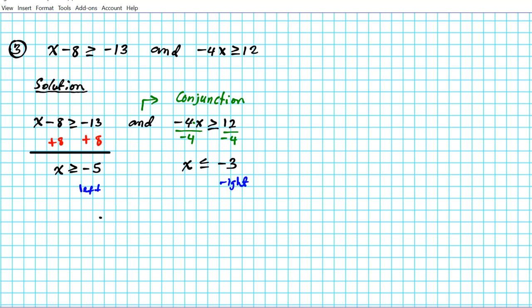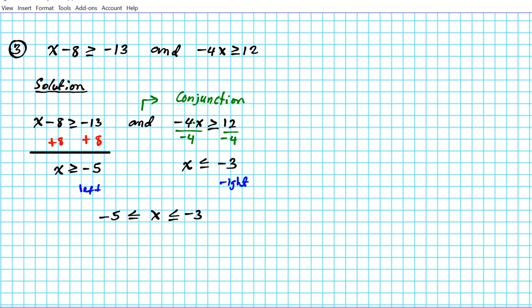It's going to become -5, the smaller of the two, is less than or equal to x, and this is less than or equal to -3. So this is a combination of these two inequalities, and the reason that we can combine it is because we have a conjunction, as indicated by this word and.